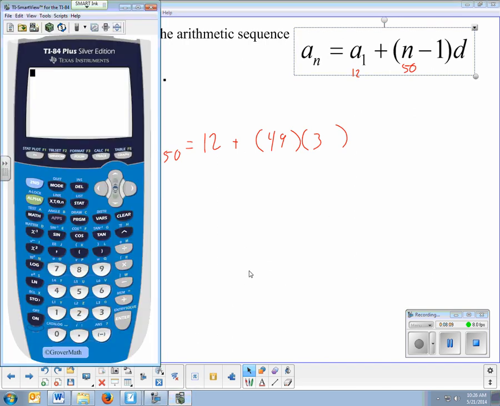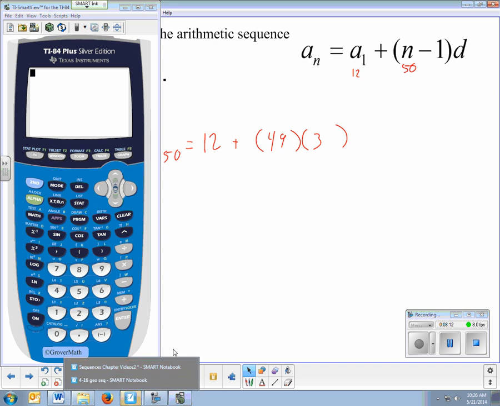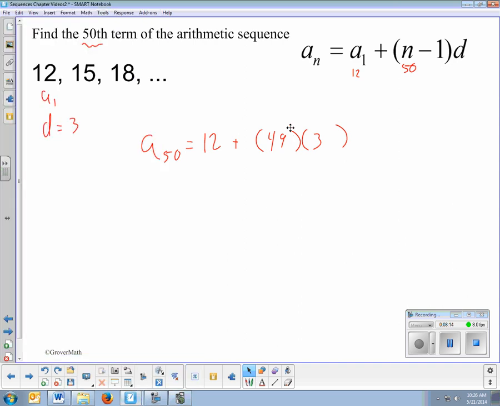An important mistake people make a lot of times is they substitute the 49th term instead of 49. Make sure you put a 49 there, n minus 1. If you want the 50th term, you put a 49 here. If you want the 10th term, you put a 9. If you want the 7th term, you put a 6. What term you want, minus 1. Then the first term comes from our sequence, and D you usually have to figure out.